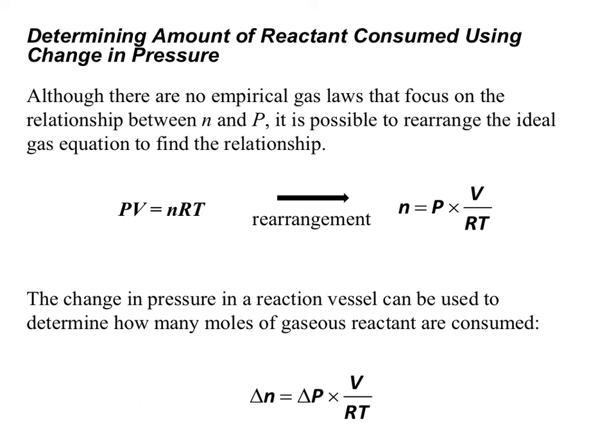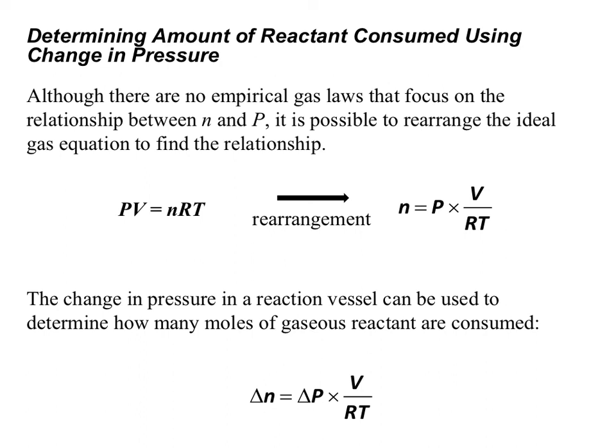The change in pressure in a reaction vessel can be used to determine how many moles of gaseous reactants are consumed. So for example, the change in moles is equal to the change in pressure times the volume over the gas constant times temperature, assuming that the volume and the temperature are remaining constant.